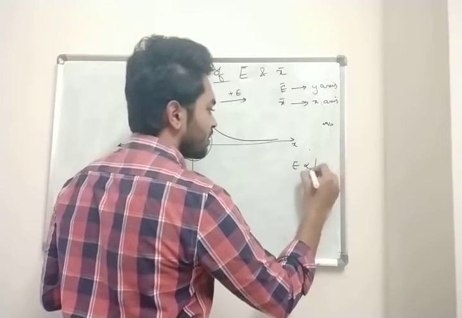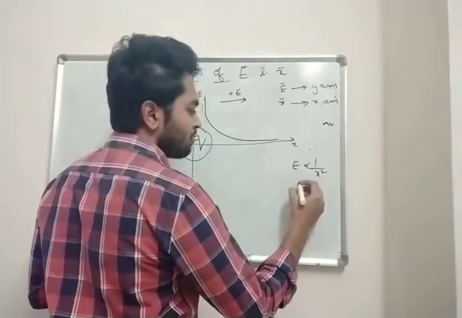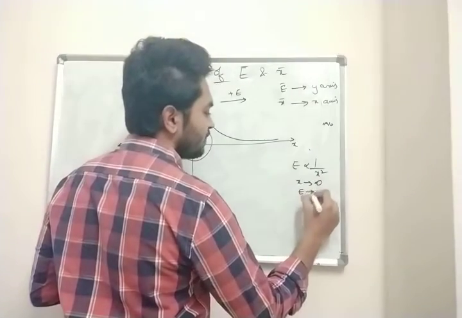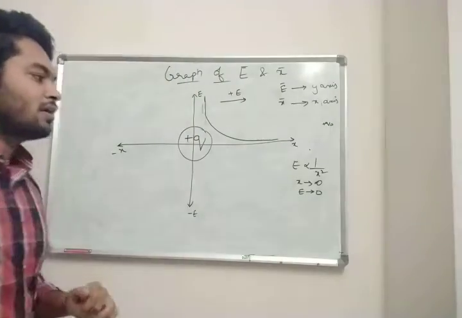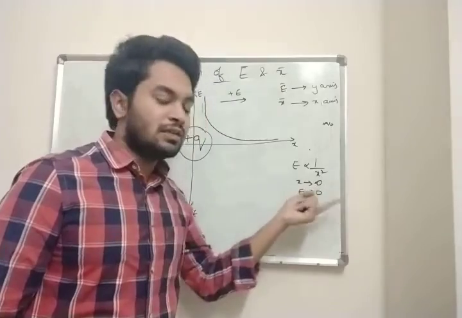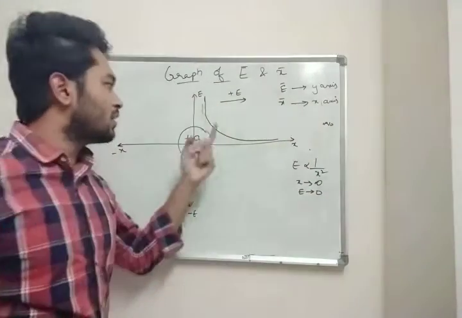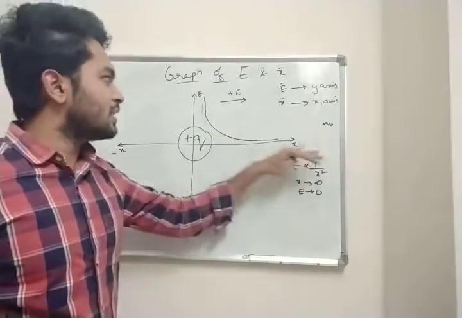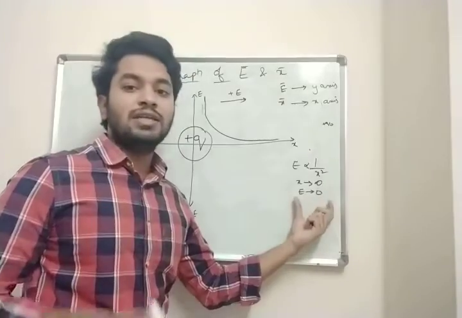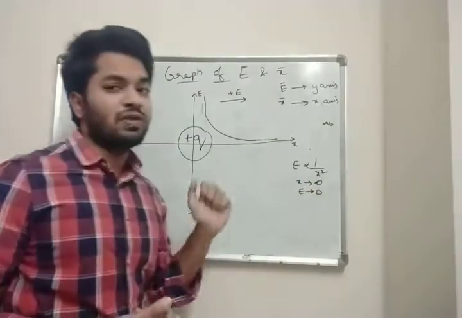E is proportional to 1 by x square. When distance is zero, electric field is infinite. When distance is infinite, electric field is zero. So this goes on, and if distance increases, electric field will tend to zero, it will not be exactly zero, it will tend to zero, as we don't know the value of infinity.